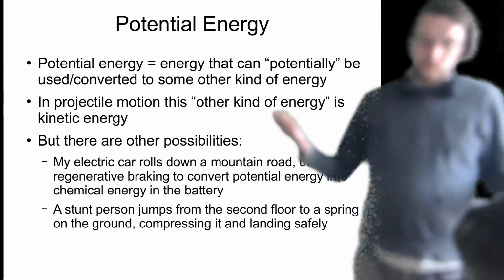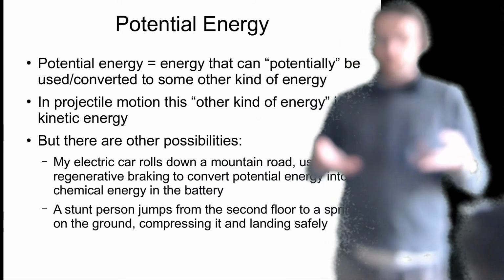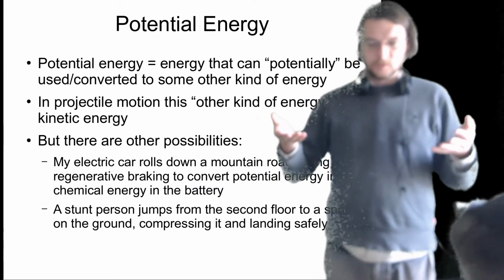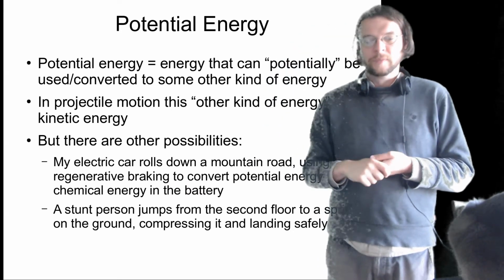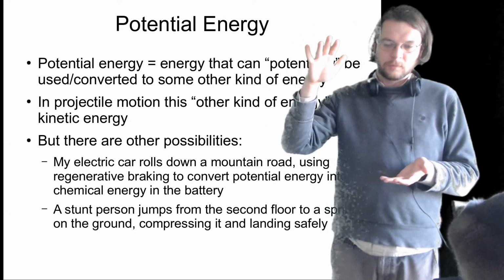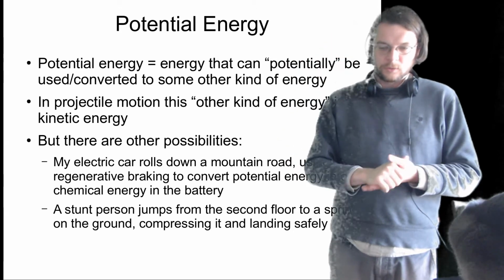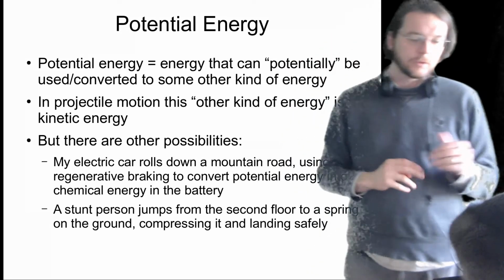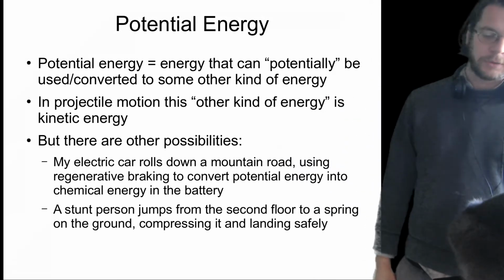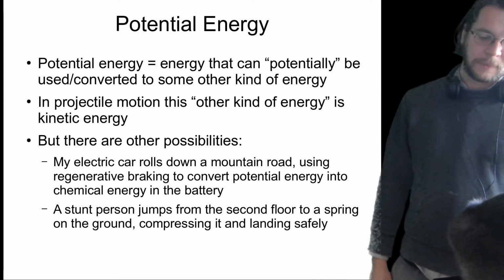Or if you imagine someone jumping from the first floor of a building, and they land on a spring, they compress the spring. Well, then that person's converted their energy into spring potential energy. That's another form of potential energy, sometimes called elastic potential energy. We'll talk about that later in the lecture.